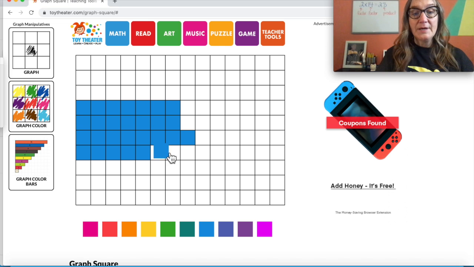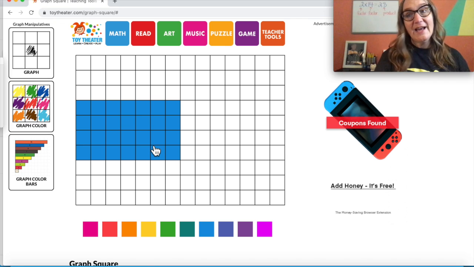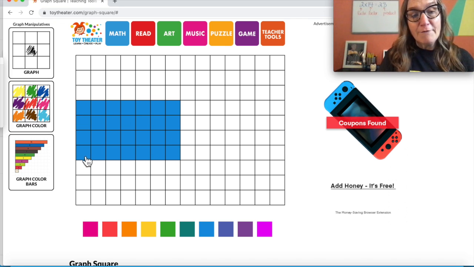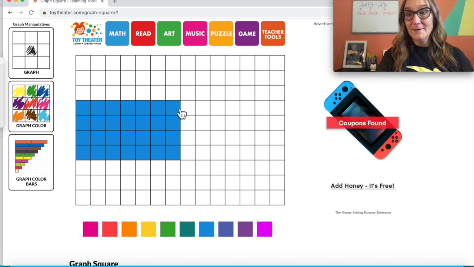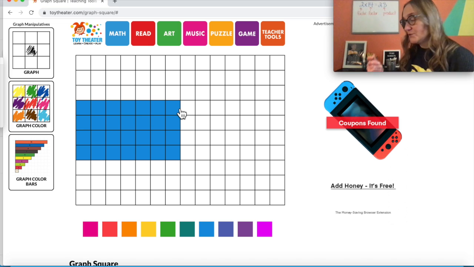So I'm going to keep going here and see what I might find. Well, look, I found another way of representing 28. There's still 28 squares here. I haven't added or taken any away. But what I have is 4 rows of 1, 2, 3, 4, 5, 6, 7 squares. So I've discovered that 4 and 7 are also factors of 28.